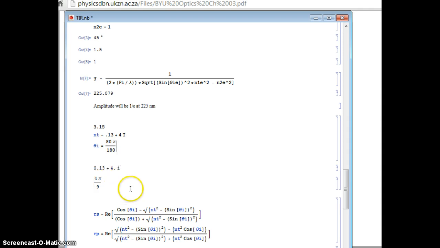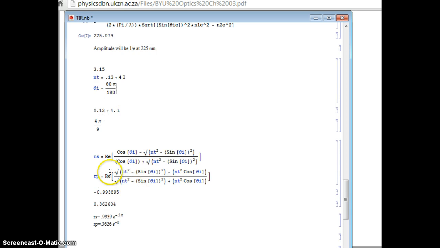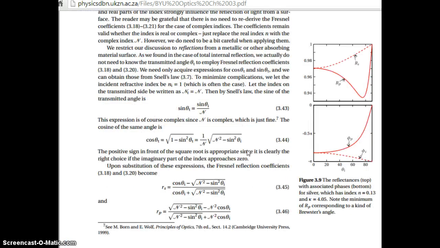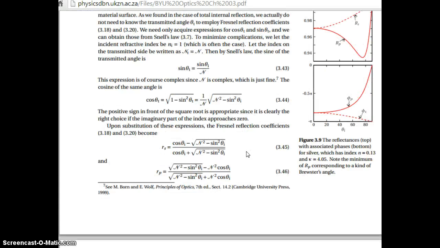Not that it mattered. Anyway, the book gives us this equation, with some rewriting, which is nice because it helps us deal with the imaginary numbers by squaring.